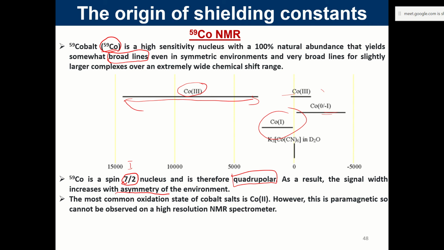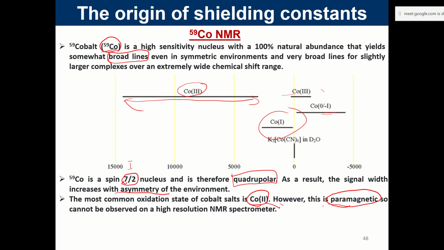You should also note that the most common oxidation state of cobalt is plus 2, but cobalt 2 is paramagnetic. You already have unpaired electrons, and it cannot be used for such a purpose.